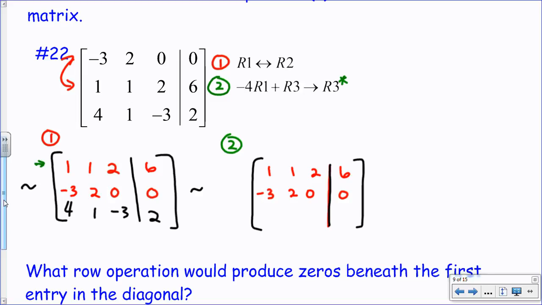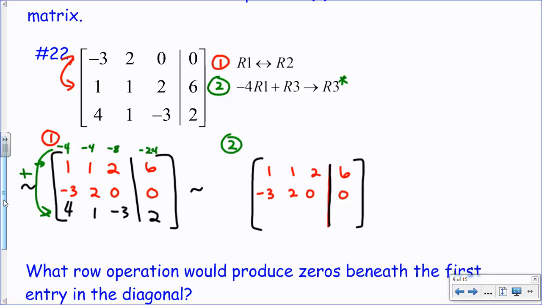So that's -4, -4, -8, and -24. I just write them as little numbers right there, and I'm adding that to row 3, and that's giving me a new row 3 after I add those together.